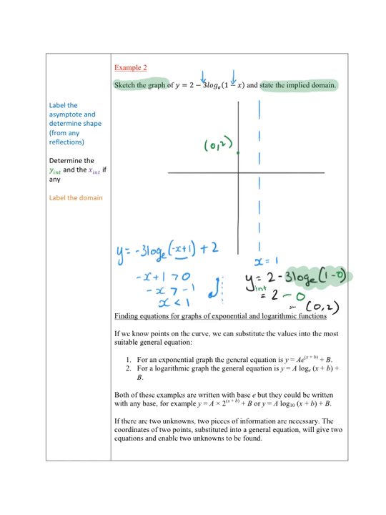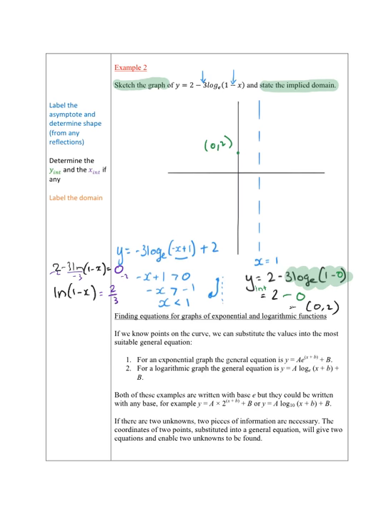To find the x-intercept, we let y equal 0. So in this case we might say 2 minus 3 times the natural log of (1 minus x) equals 0. We can solve this here by saying log of 1 minus x. Now if I subtracted 2 from both sides and I divided by negative 3, we end up with 2/3.